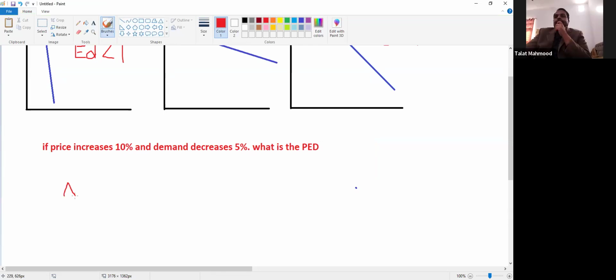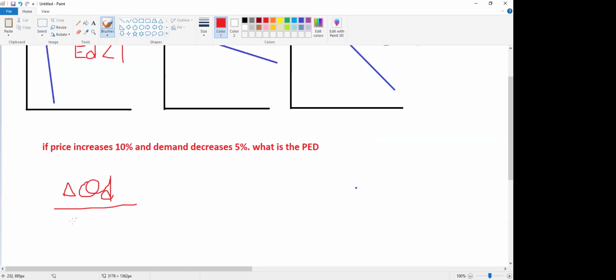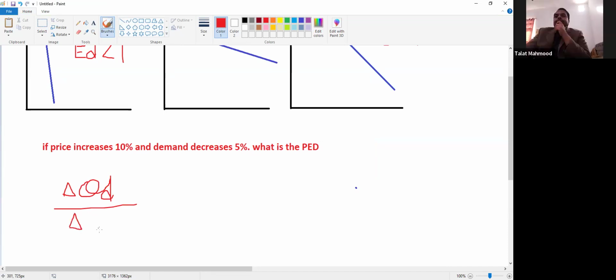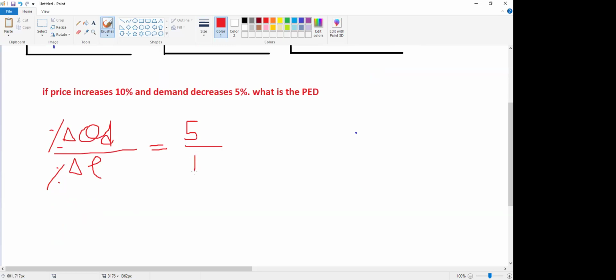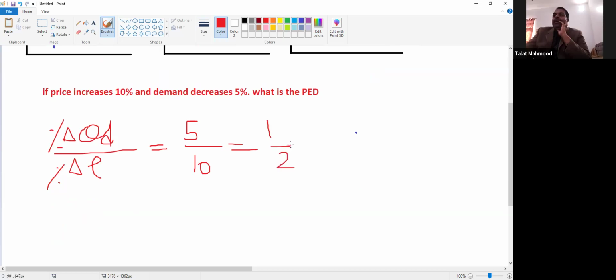I have told you about the formula. Using the formula, the formula is percentage change in quantity demanded divided by percentage change in price. So percentage change in quantity demanded is 5 and percentage change in price is 10. So it is 1 by 2. We can also call it 0.5. So it is less than 1.